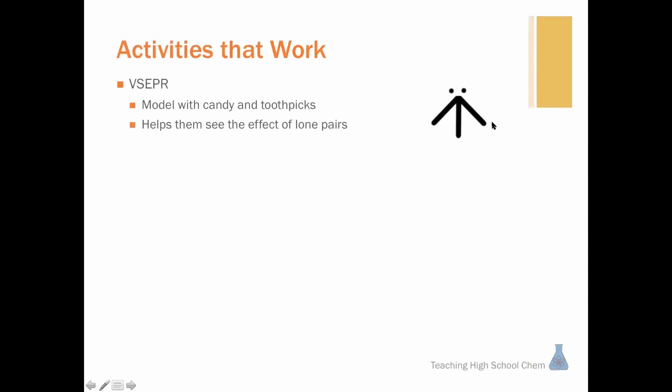What was planar, this lone pair pushes these down and away from it. Same thing with linear to bent: if I have 2 bonds and there are no lone pairs, then it's linear. But as soon as I add a lone pair, or 2 lone pairs, those 2 bonds now become bent because these lone pairs are pushing them away.